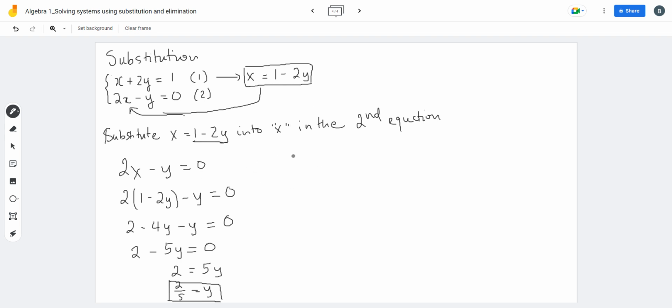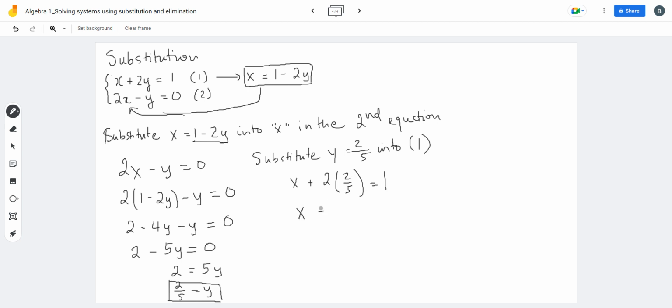So we're going to substitute y equal to 2 over 5 into any equation you want. In this case, I'm just going to use equation number 1. So I would have x plus 2 times 2 over 5 equal to 1.